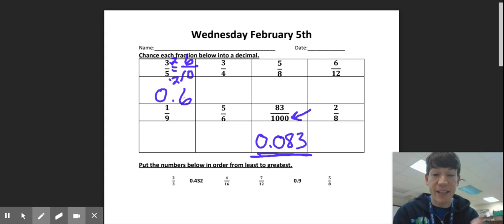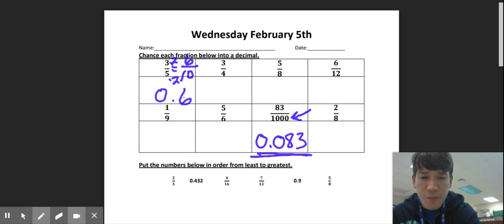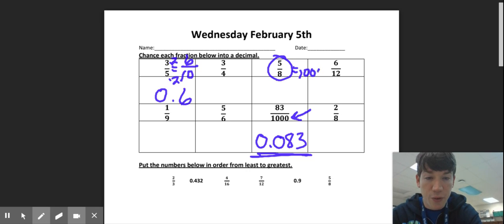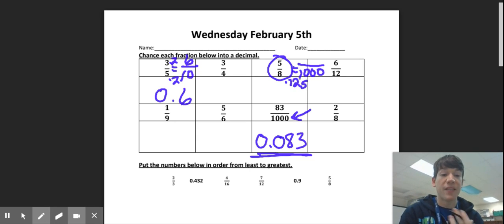Now, ideally, that's going to happen. There'll be some denominators where we can't change into a 10, so we'll have to change into a 100 or a 1,000. For example, when we look at 5/8, we learned in class that we can change 5/8 into thousandths by multiplying by 125, because an eighth is a half of a fourth.